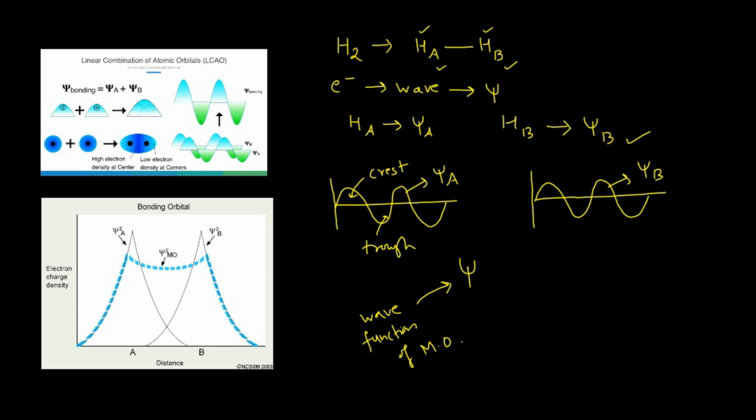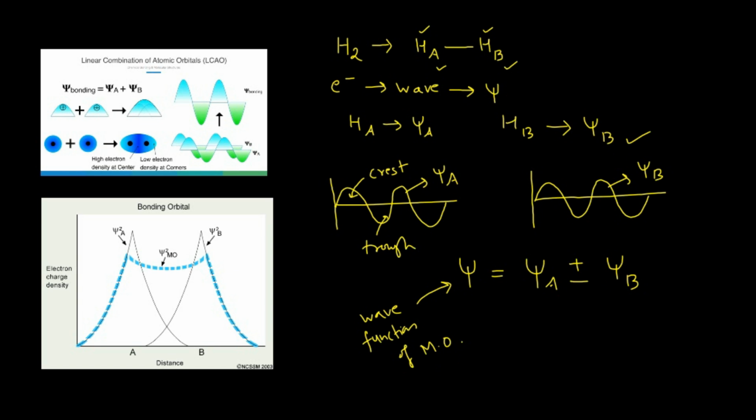And that wave function I can get either by adding these two wave functions of the hydrogen atoms or by subtracting them. I'll get one kind of wave function of the molecular orbital when I add these two, and another kind of wave function for the molecular orbital when I subtract these two, right? This is something very, very important which you need to know.